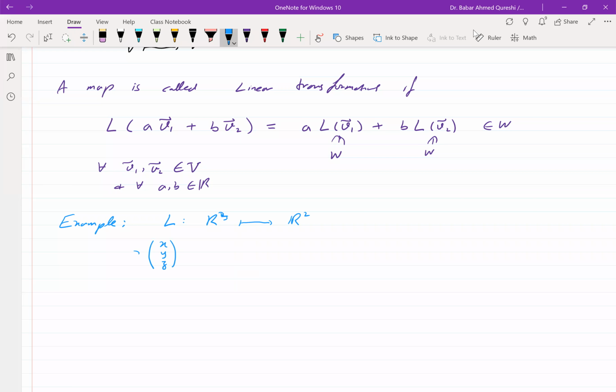This is an arbitrary element of R3, and under this linear transformation this vector goes to this vector.